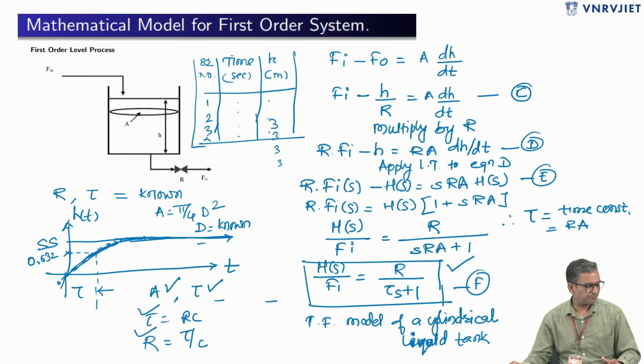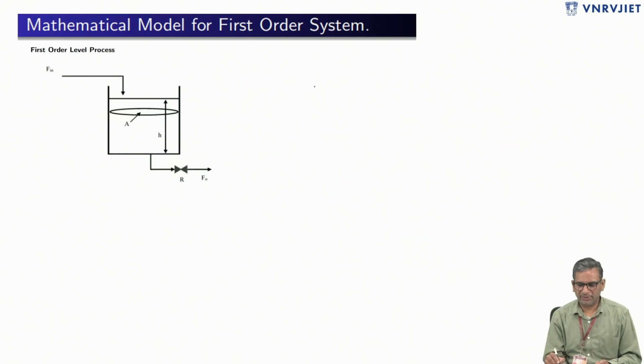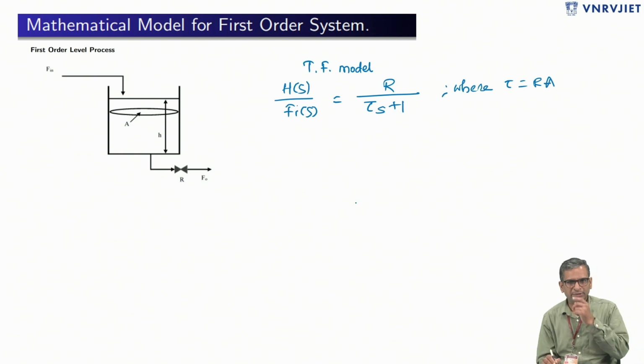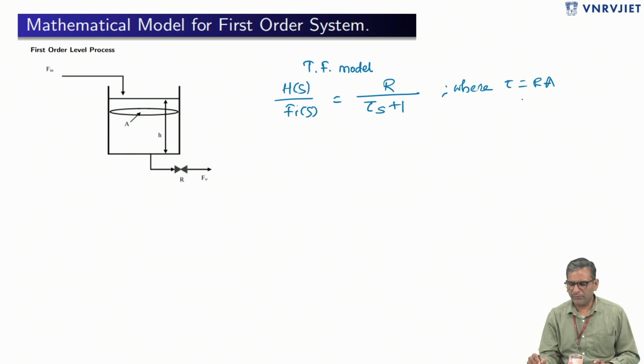Now as we got the mathematical model in terms of a transfer function for this tank, that is h of s divided by phi of s is equal to R divided by tau s plus 1, where tau is equal to R into C. Now let's say experimentally we got the values, tau and R known to us.